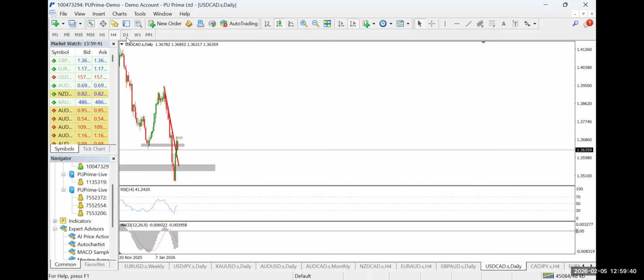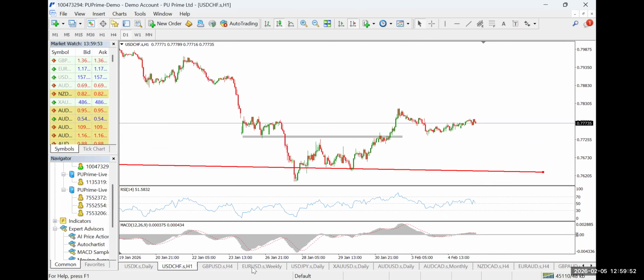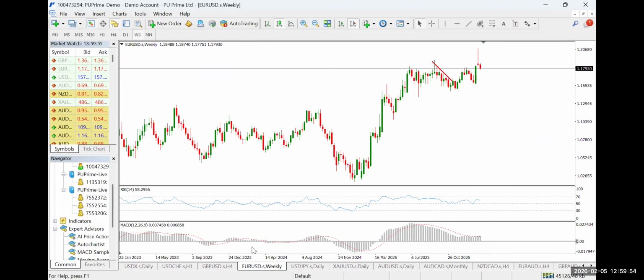Now this is 4 hour, and we are seeing a resistance on the USD CAD on the 4 hour time frame. Let me go back to USD CHF and see. Or better still, let me check the Euro USD, which will trade the opposite.